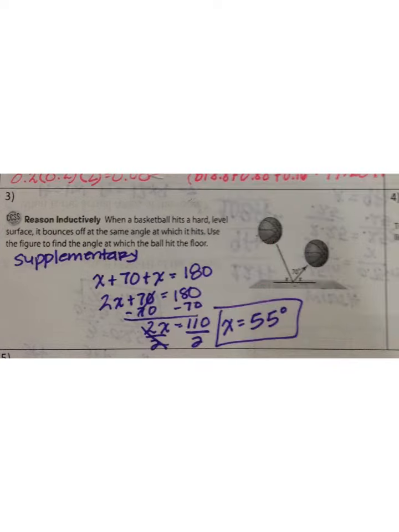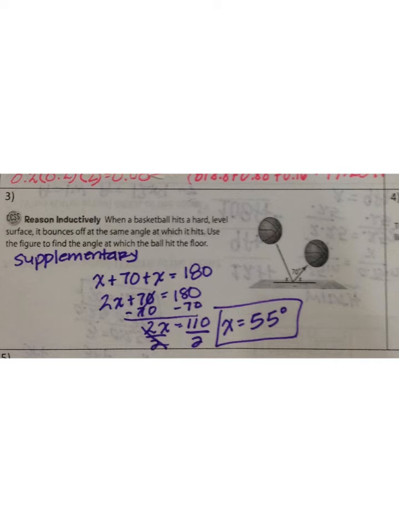Number 3, when a basketball hits a hard level surface, it bounces off at the same angle at which it hits. Use the figure to find the angle at which the ball hits the floor. My hint for this one: we have a straight line that's divided up into other angles. So remember what relationship that straight line is, and go ahead and input your answer for X. The relationship they have is supplementary because a straight angle is 180 degrees.